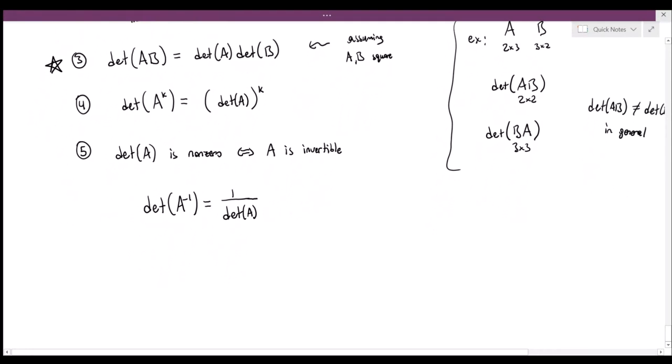And I'm just going to do a super quick example, and I'm going to end my review after this one. So let's say I have 3 matrices, A, B, and C. Let's say all of them are size 4 by 4.